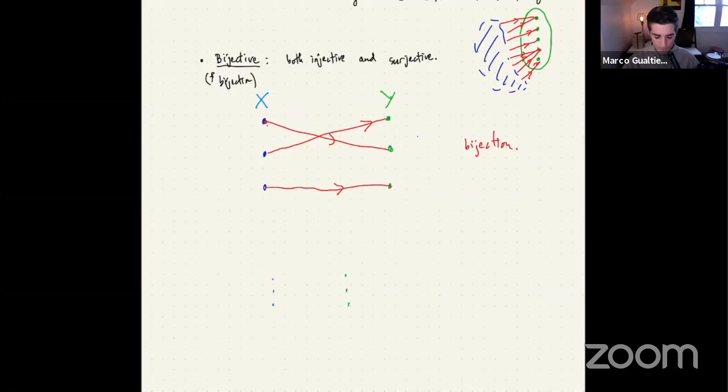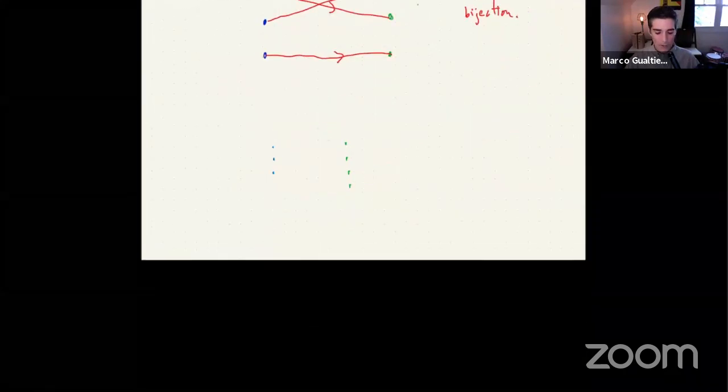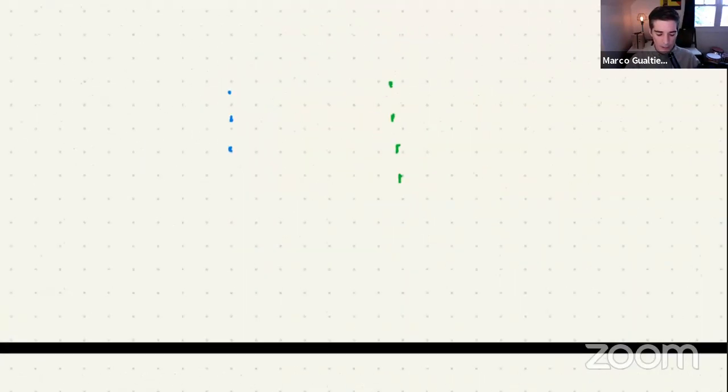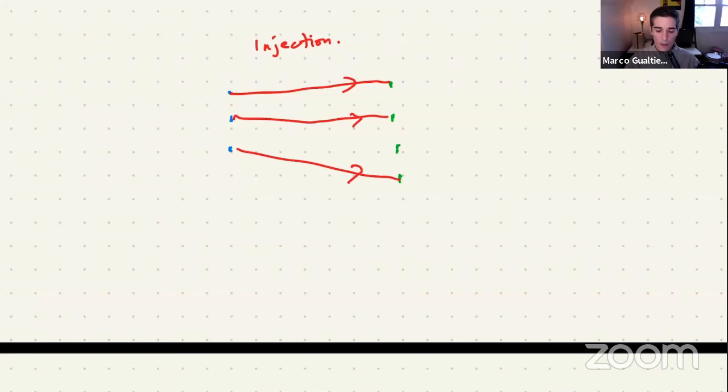Similarly, suppose that all I was interested in was an injection. Then, again, this is not permitted for an injection. Every point must be sent somewhere different. So this is an injection, but not a surjection.